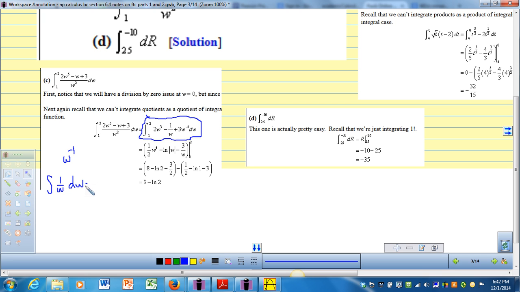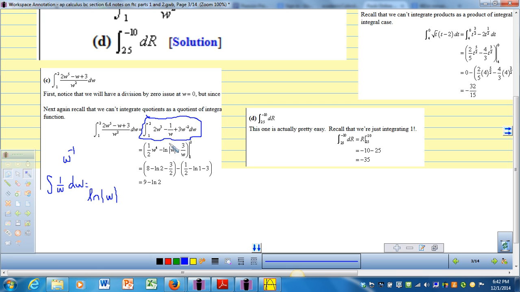And one thing I forgot to mention in class is the antiderivative of 1 over w is the natural log of the absolute value of w, because we need to make sure we are not taking the log of a negative value. We have to keep that domain restriction.